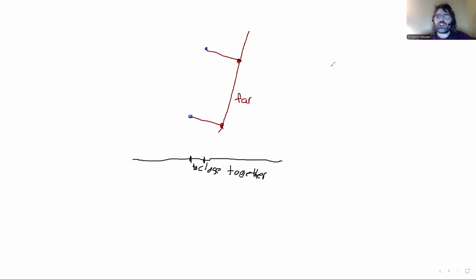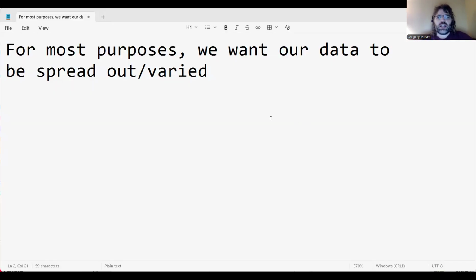So some projections will cause your data to be more clustered together. Other projections will cause your data to be spread further apart. And I am claiming that for most of our purposes, we want data to be spread out. We want our data to be as varied as possible.